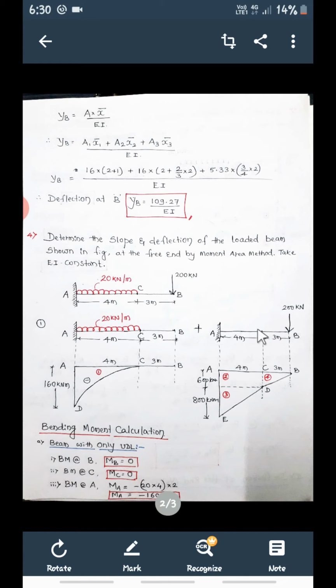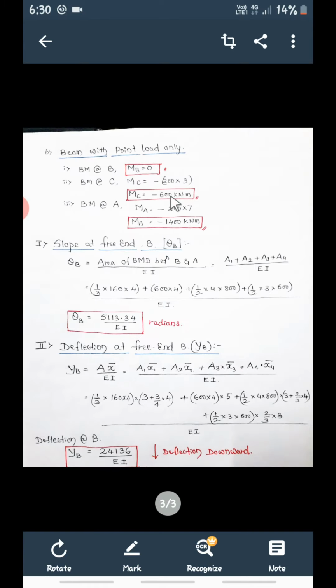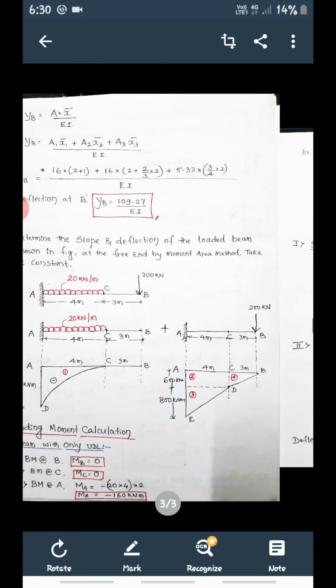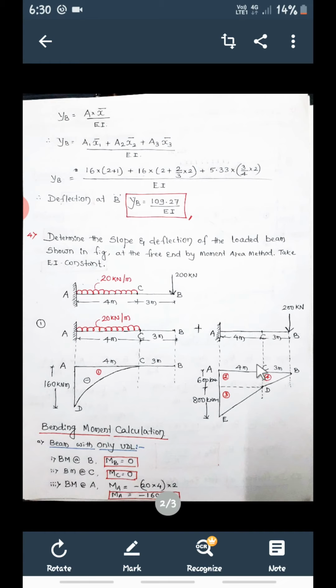Then draw the bending moment diagram for the point load. Bending moment at B is 0, and at C it is minus 600, below the baseline. Then bending moment at A is minus 1400.